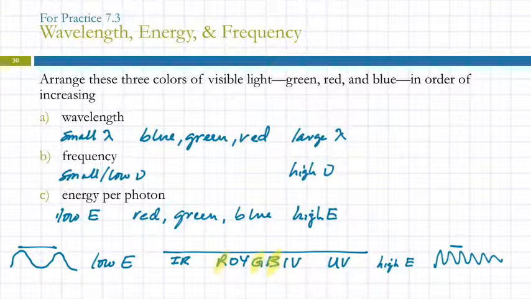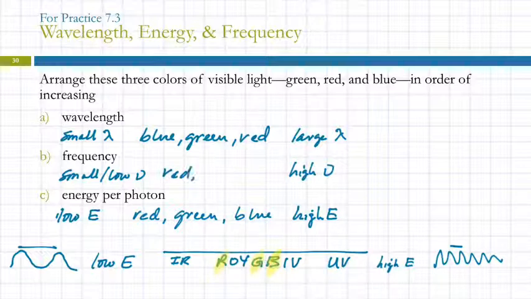What about frequency? Well, which of these is higher frequency? This one or that one? This is higher frequency, right? Frequency and energy go together. The wavelength is opposite. So high frequency is going to be the blue, low frequency is going to be the red.